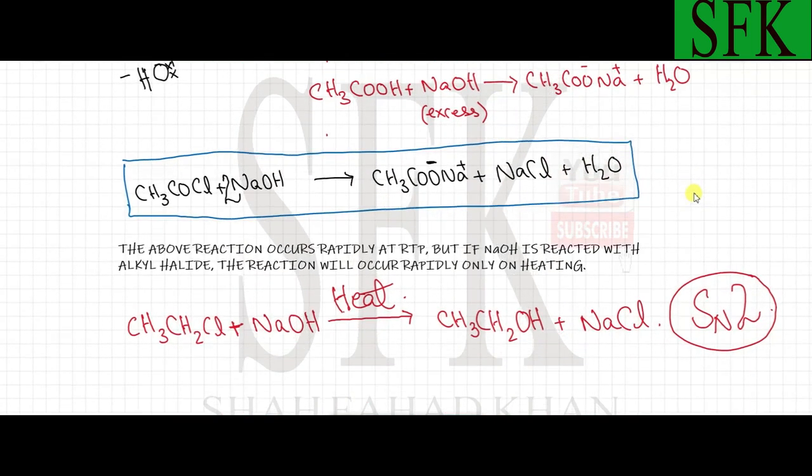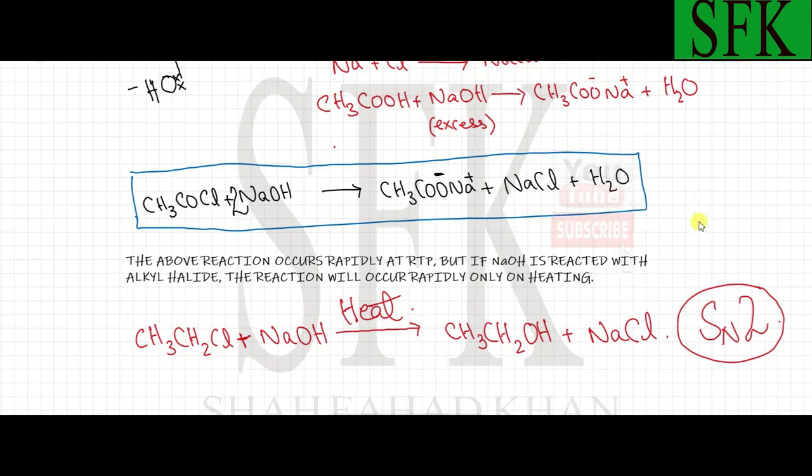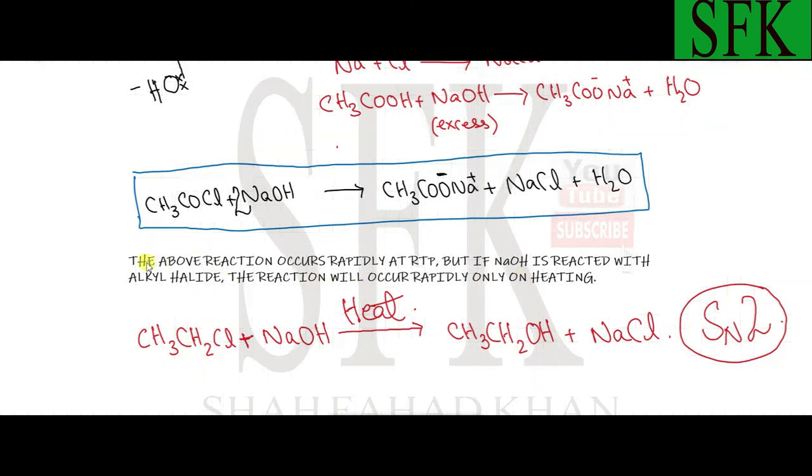And we've talked about the mechanism just now. Okay, and this reaction over here occurs rapidly at RTP. But if NaOH is reacted with alkyl halide, the alkyl halide given over here, the reaction will occur rapidly only on heating, again proving that this is less reactive compared to the acyl chloride.